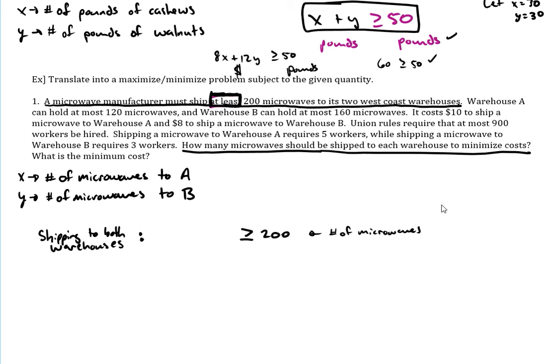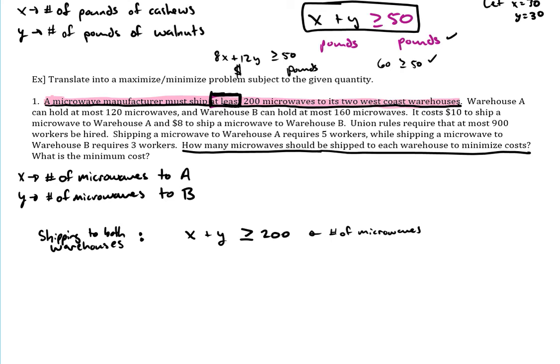Our variables are also just the number of microwaves, so it looks like we would just do X plus Y greater than or equal to 200. Okay, so that's for that first line, and that's taken care of. When I take care of things, you could leave it underlined, but I am just going to highlight it in pink to say, hey, I've done this, and moving on.